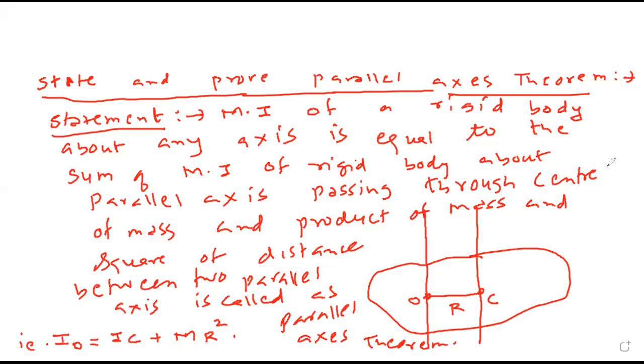Completed writing? Yes, sir. Okay. Now we'll prove IO equal to IC plus MR square.